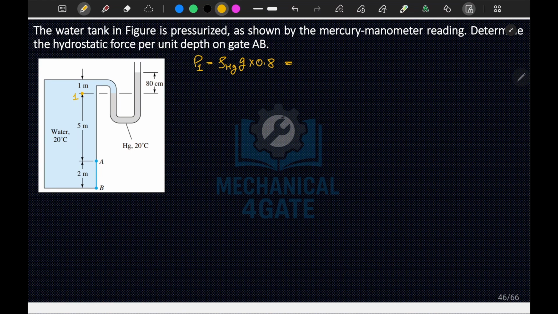If I calculate this, it is 13.6, the specific density of your mercury, into g, that is 9.81, into 0.8, the height. This turns out to be 106.73 kilopascal. Okay, this is P1.